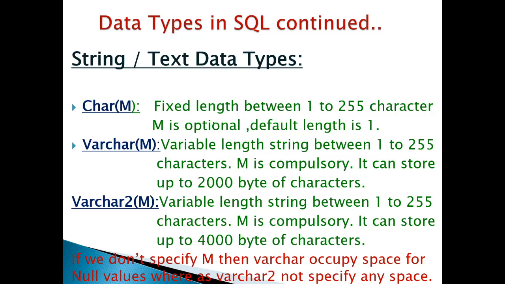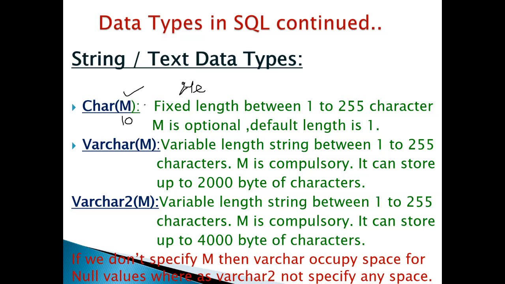Now what is the main difference between char and varchar? Whenever we take the char data type, suppose I have given the value of M as 10 and I entered a value of only two characters. Just "he" is stored in that attribute. How many characters have I mentioned here? 10, and the value is assigned as two characters only.